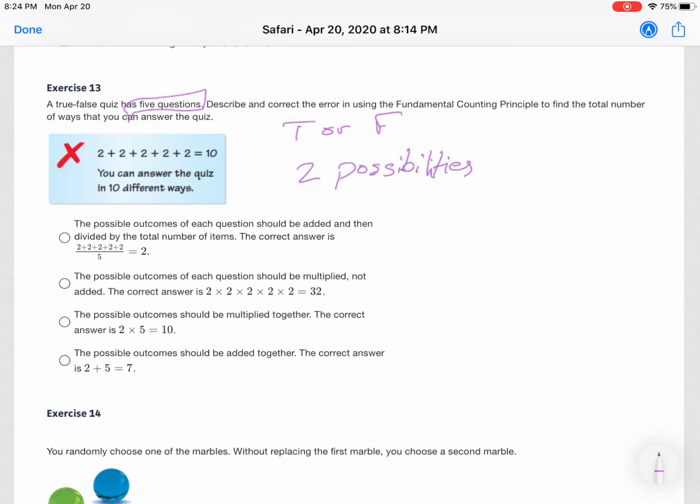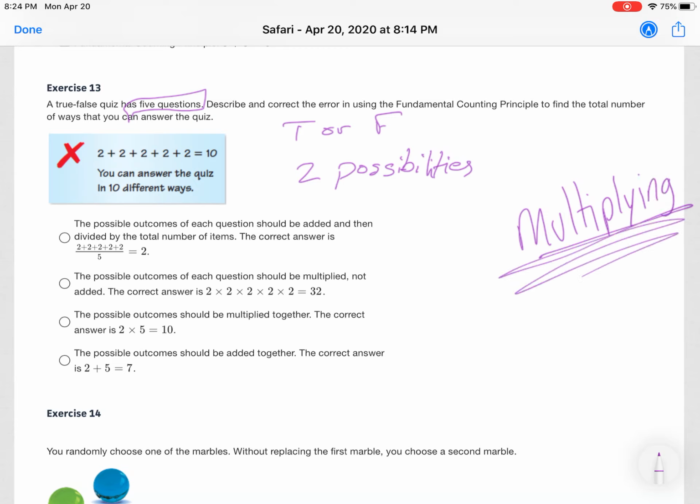Think about how you can do that. Remember earlier I said that multiplying is super important with the fundamental counting principle. So what did this student do wrong? Think about this word over here and what this student did wrong, and then correct their mistake.